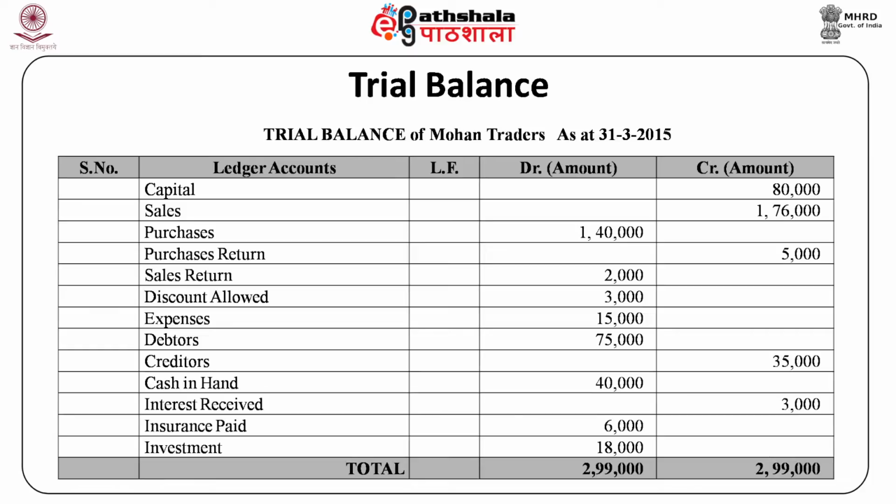Sales return, debit side 2,000. Discount allowed, debit side 3,000. Expenses, debit side 15,000. Debtors, debit side 75,000. Creditors, credit side 35,000. Cash in hand, debit side 40,000. Interest received, credit side 3,000. Insurance paid, debit side 6,000. Investment, debit side 18,000. The total of both debit and credit side comes to 2,99,000.